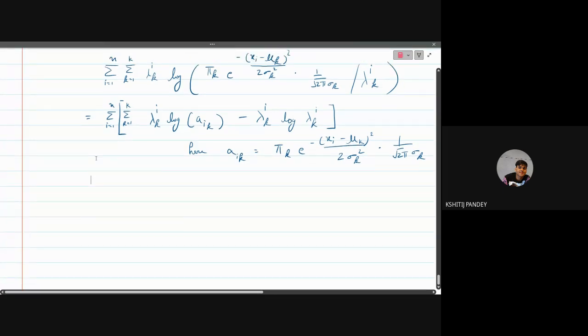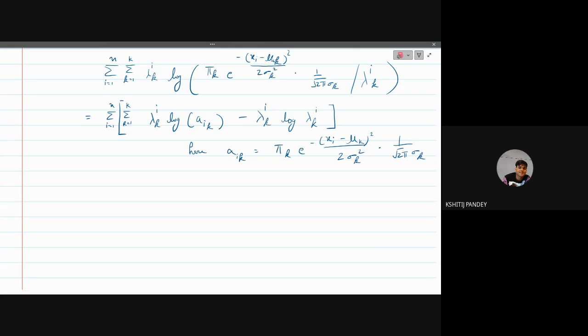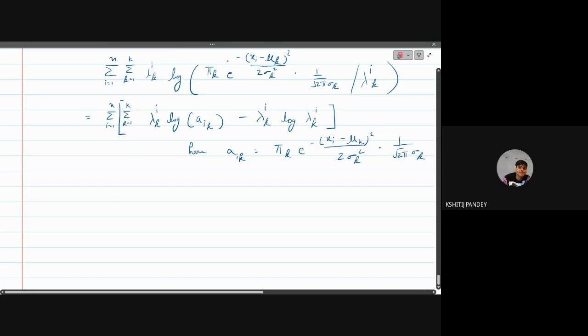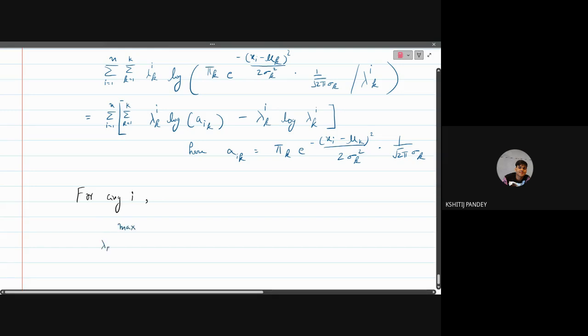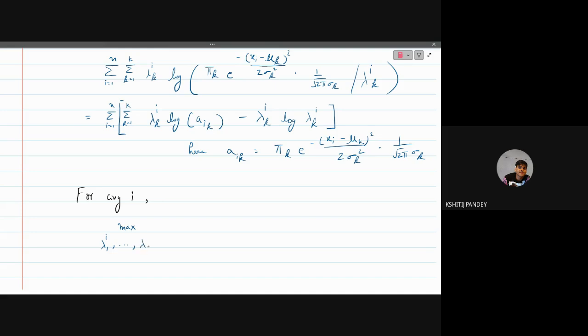So the optimization problem here, what is it? For any i, the optimization problem is to maximize over values of lambda. So you have lambda 1i to lambda ki.